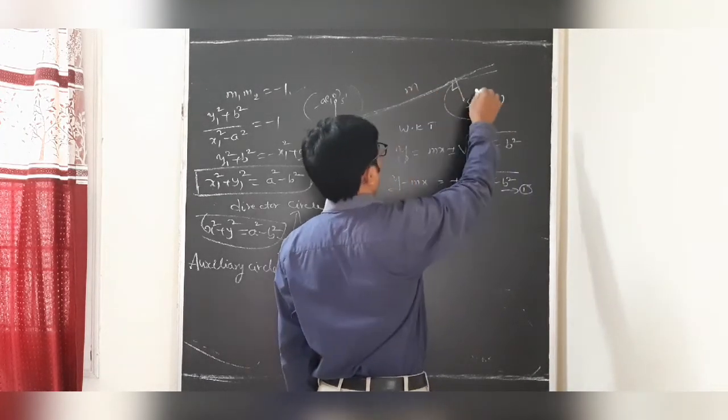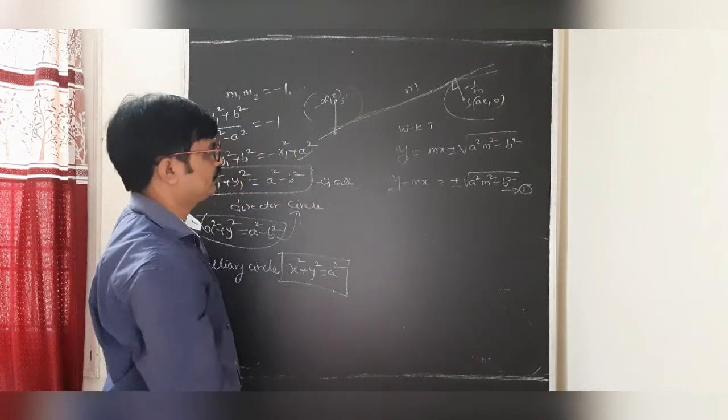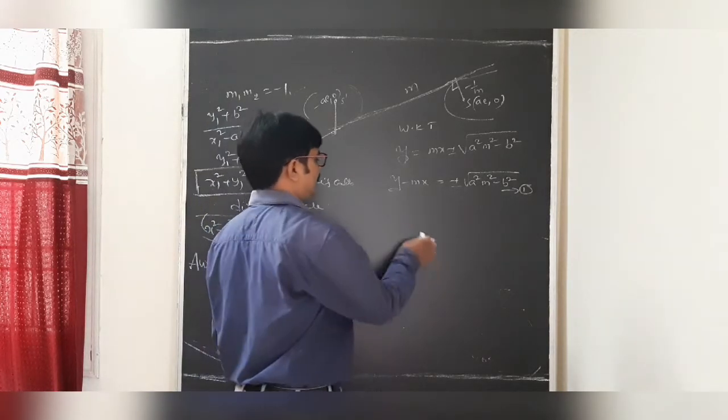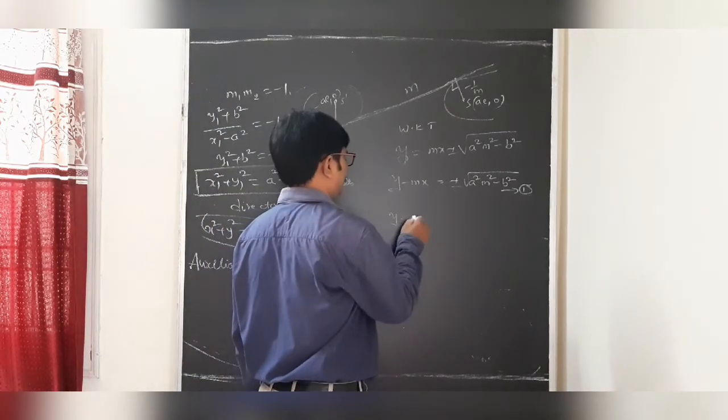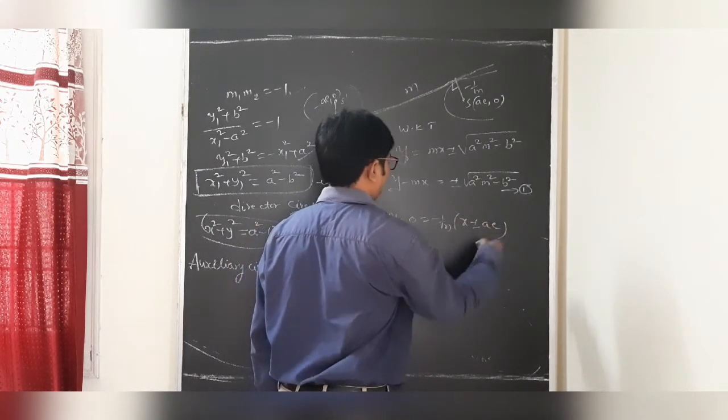Now when you take the slope m, the perpendicular slope is minus 1 by m. So the equation of the line passing through the foci with slope minus 1 by m is y minus y1 equals minus 1 by m into (x plus or minus ae).